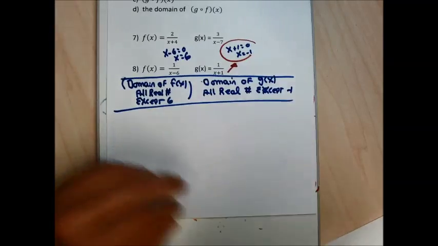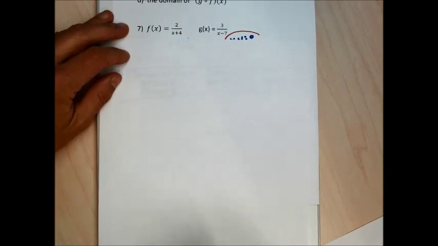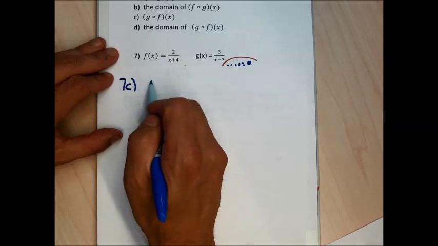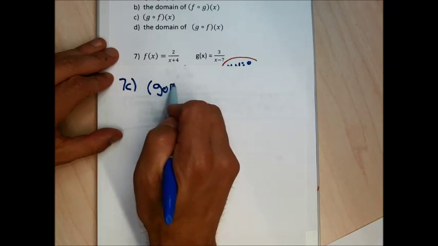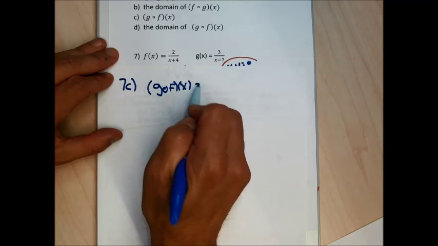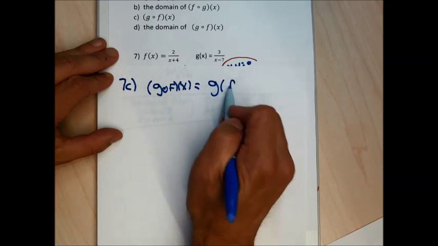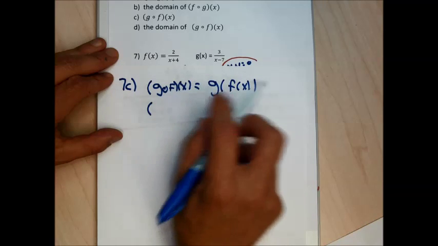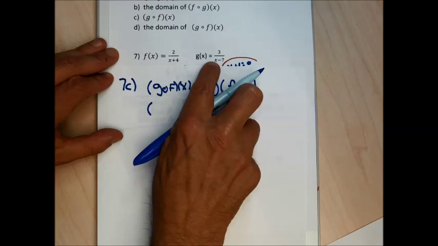Let me jump on and do 7c. 7c wants me to find g composed with f of x, which is going to be g of f of x. In the g function, I'm going to replace that x with an f of x.